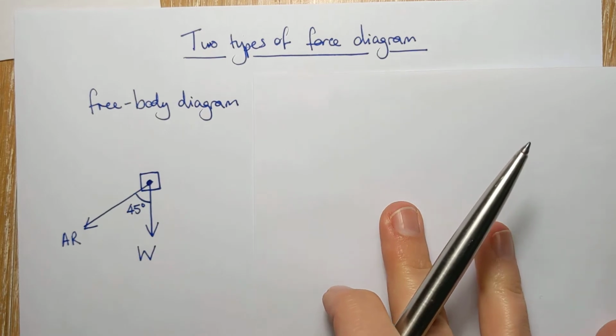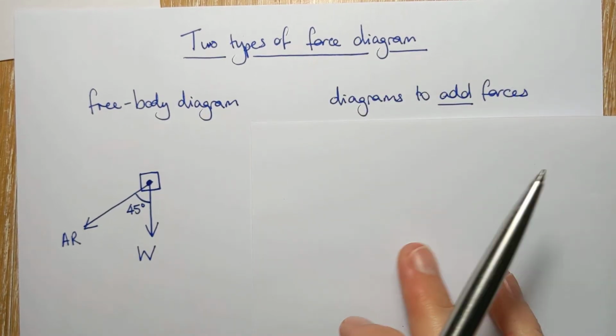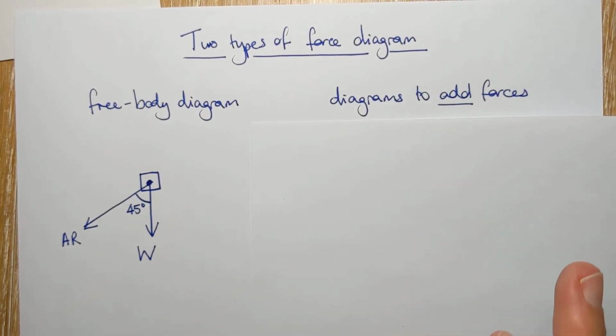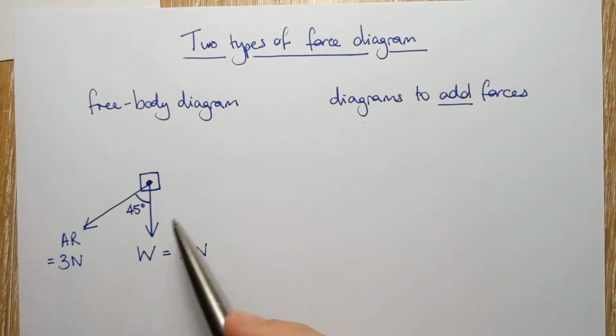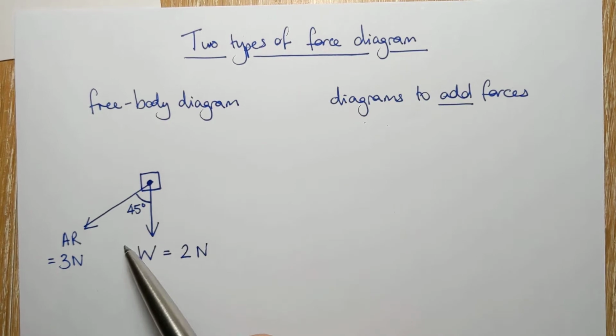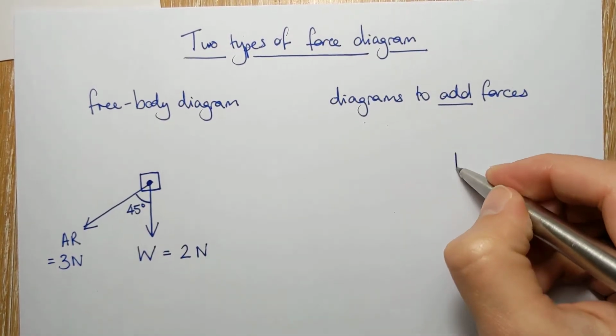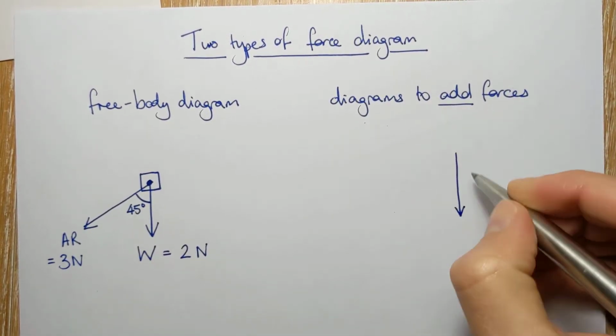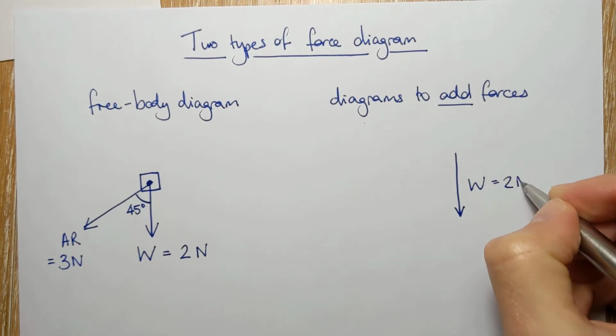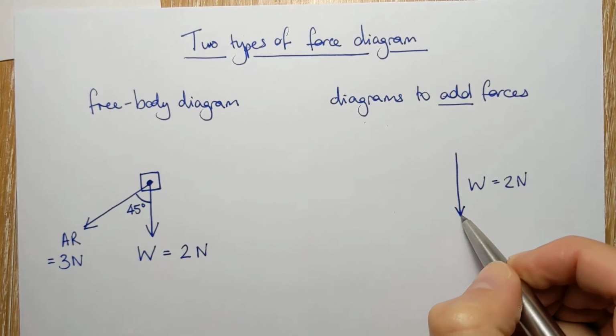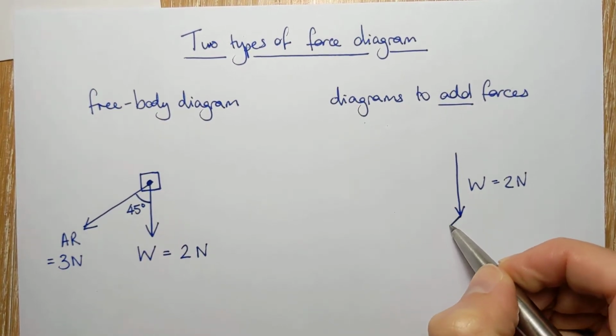The other type of diagram is the one we draw when we want to add forces together. To add these two forces together, I draw one of them first, and then where I finish drawing that arrow, I start drawing the next.